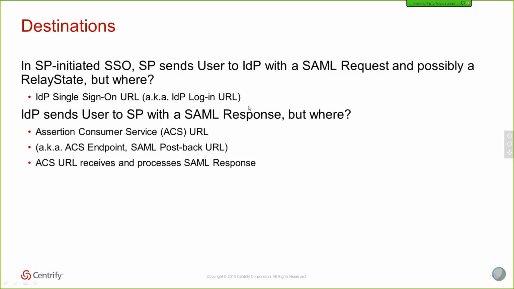There's another name called IDP login URL. But by definition, what it means is where the SP is supposed to redirect a user to. That is equivalent to saying where the SAML request is going to, because that's the same flow.